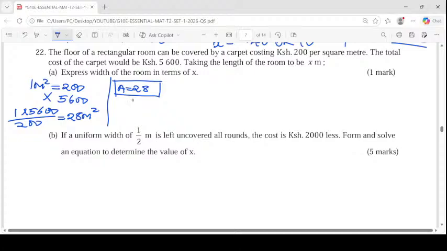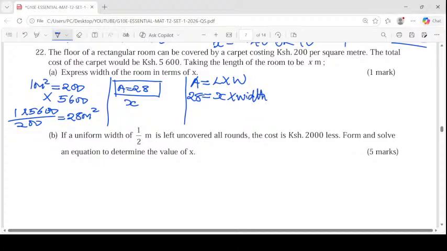Taking the length of the room to be x, what is the width? Remember, area of a room is given by length multiplied by the width. So 28 should be equivalent to the length, which is x, times our width, which you don't know.